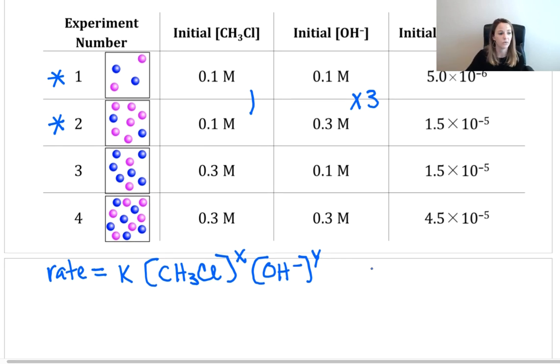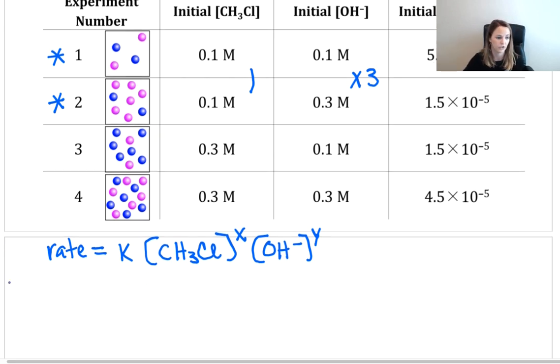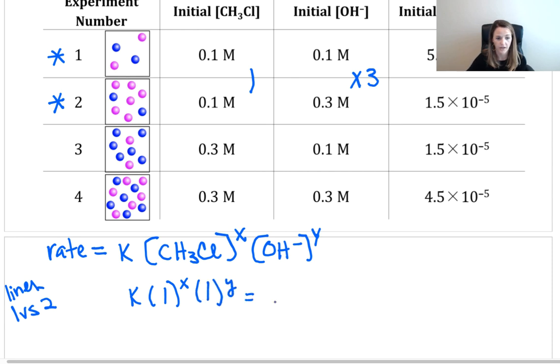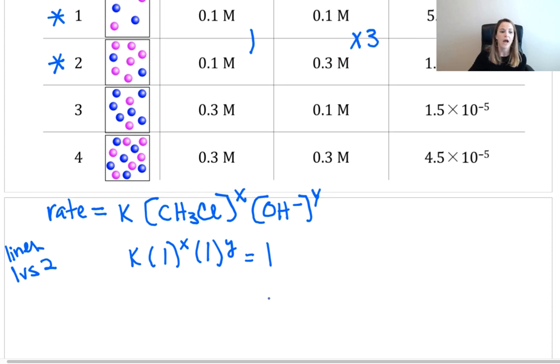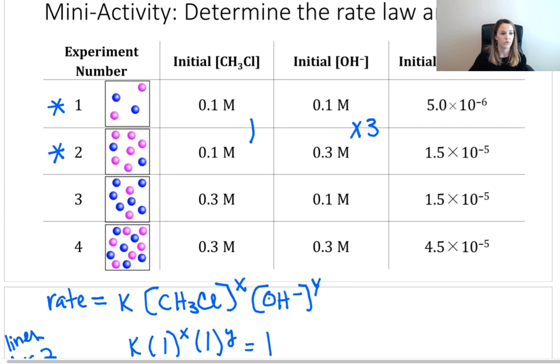Okay, so like I said, we're going to look at line 1 versus line 2. For the first line, no matter what, you're always going to use the number 1. So you've got K times 1 raised to x, 1 raised to y, which is equal to 1. It's always 1, no matter what. Now we're going to compare line 1 and line 2.